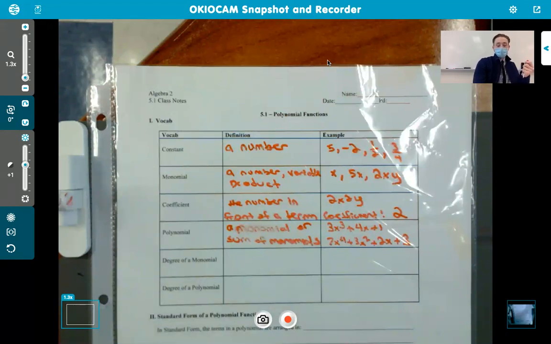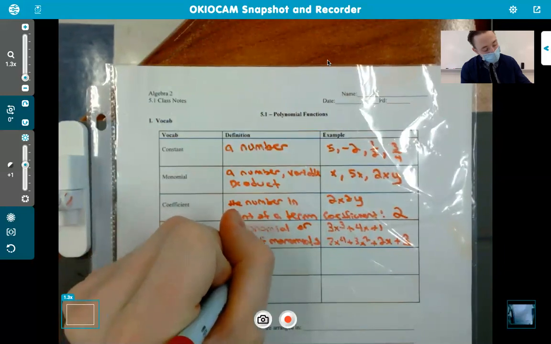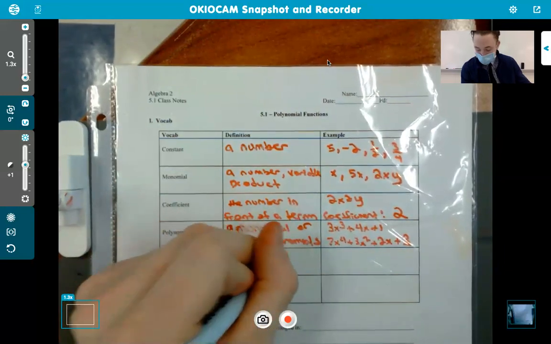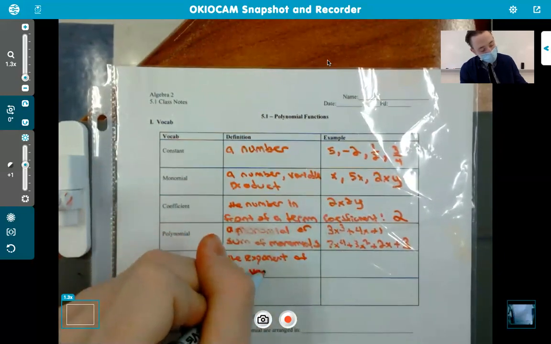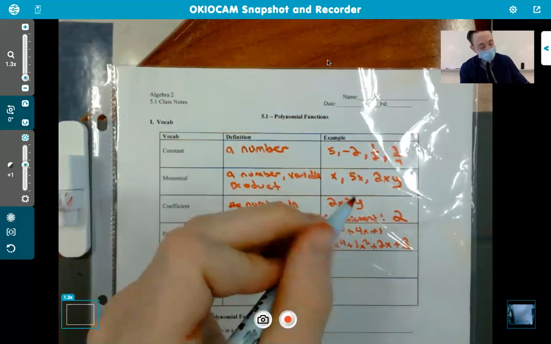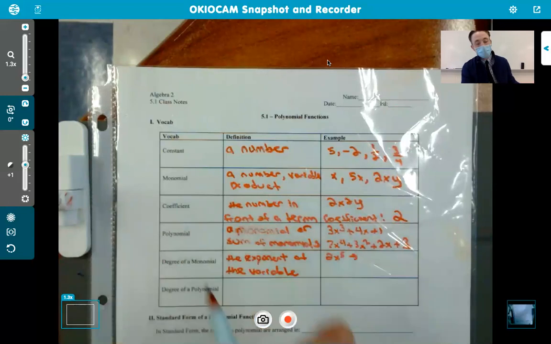The degree of a monomial, so we're talking about just one variable in this case. A lot of times degree, what's another word for degree? We're talking about it in math terms. If I say it's to this degree, like an exponent, exactly. So it's going to be the exponent of the singular variable. Right? So if I have 2x to the fifth, that's my monomial.